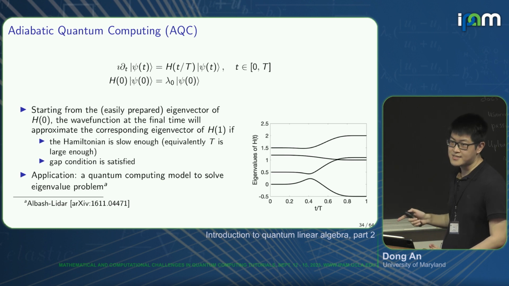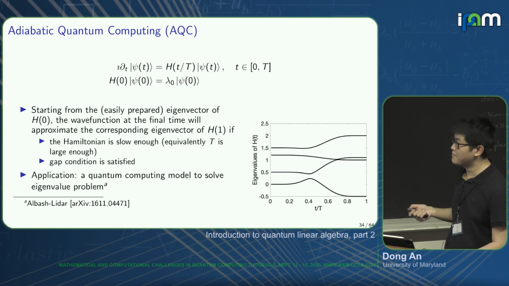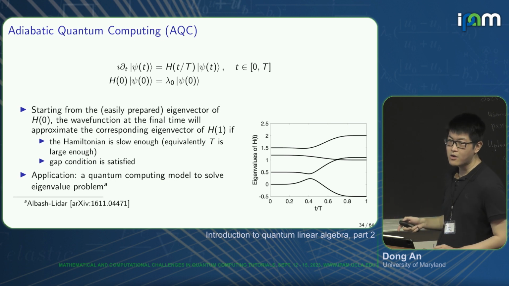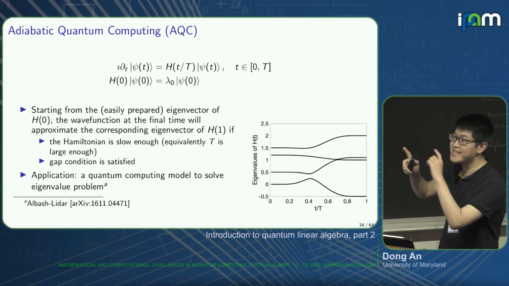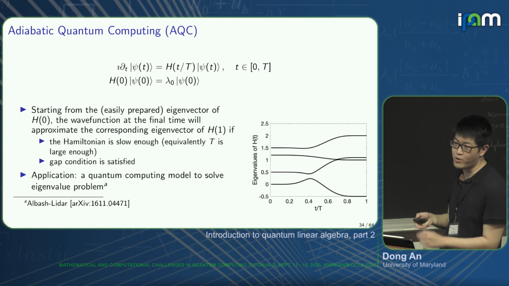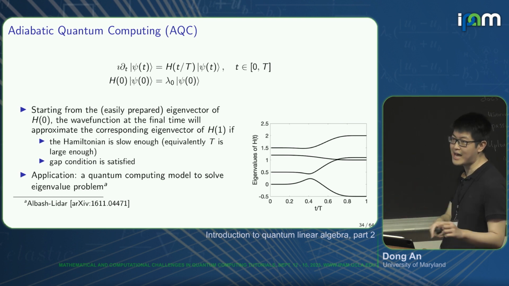Now I have this assumption: H is very slow, and I have some gap condition. Adiabatic quantum computing is based on the adiabatic evolution, saying that if the initial condition of my Schrodinger equation is an eigenstate corresponding to the eigenpath which satisfies the gap condition, then the Schrodinger equation will approximately drive my dynamics along that eigenpath.